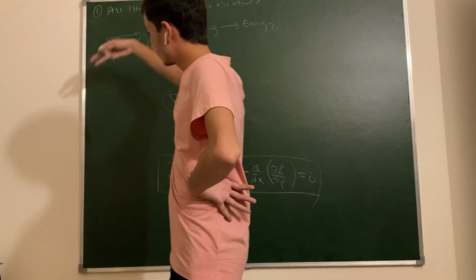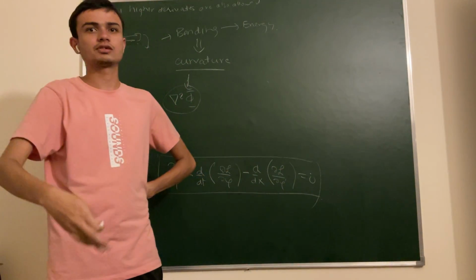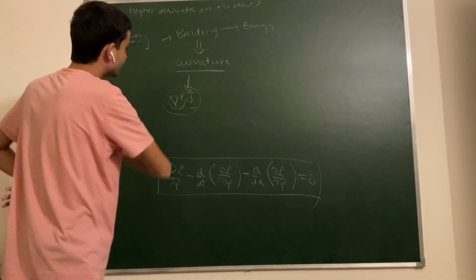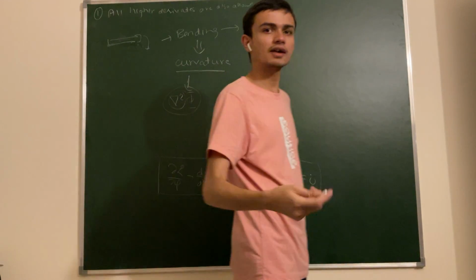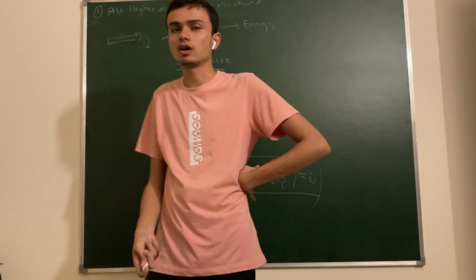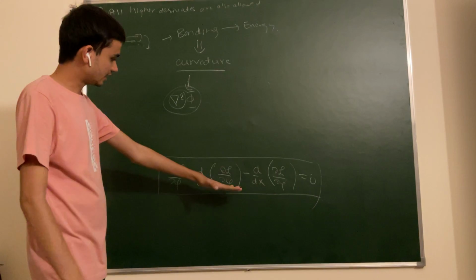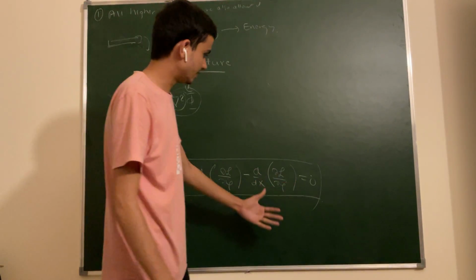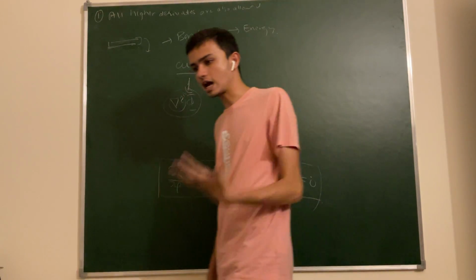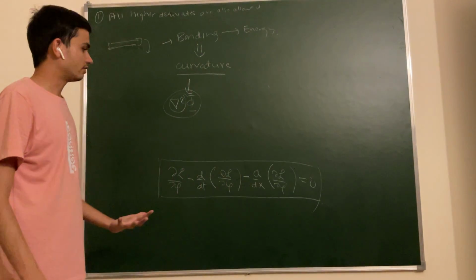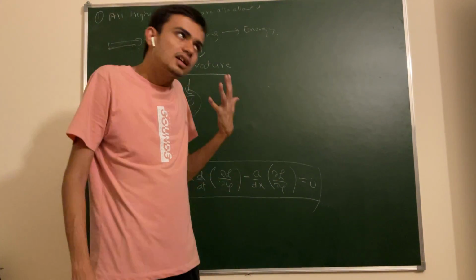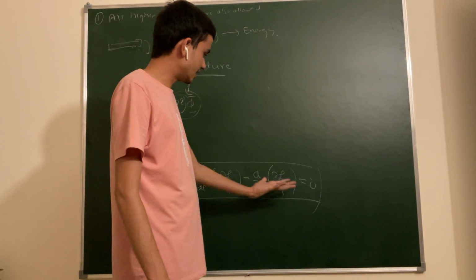So if you are talking about biological membranes or solids, then your Lagrangian ought to have the second derivative, because if it does not, then you are essentially not talking about the bending of the membrane or the solid. What we have done here is up to first derivatives. In conventional condensed matter physics or high energy physics, you will rarely encounter derivatives higher than the first, but in some cases you will definitely have the second derivatives.